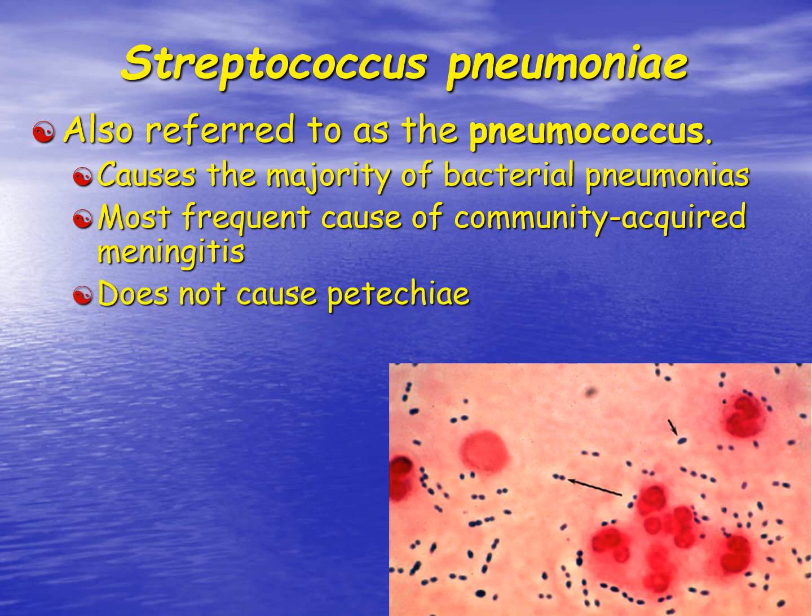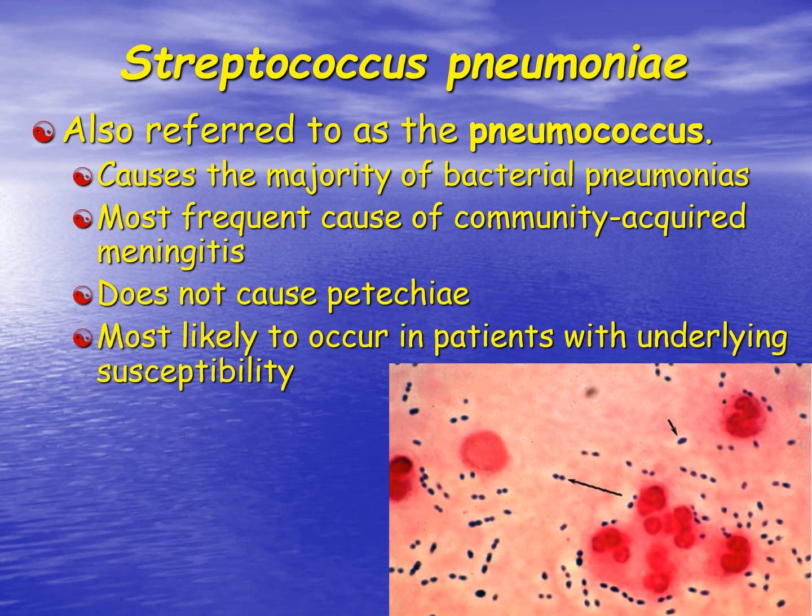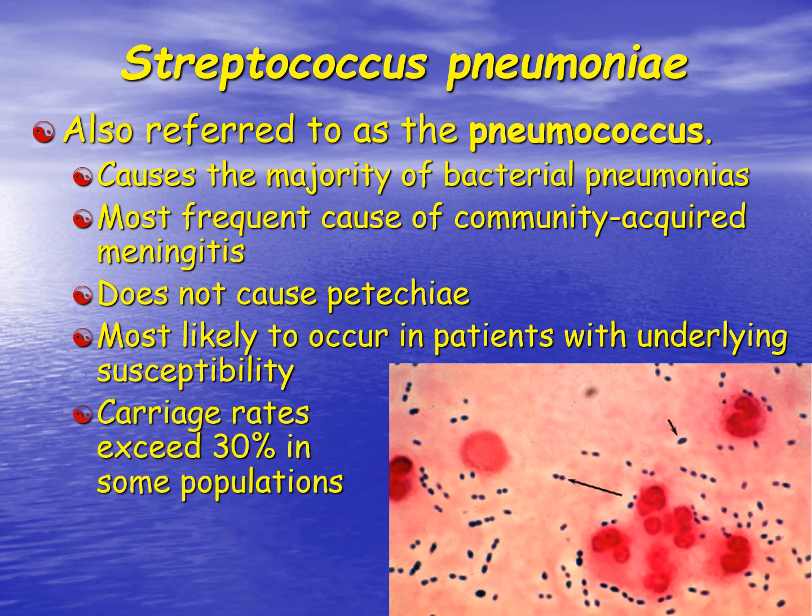It does not cause petechiae like the Neisseria do, and it's most likely to occur in patients with underlying susceptibilities, so those that are, say, immune compromised. Carriage rate actually exceeds 30% in some populations, meaning that those that are immune compromised may have almost a 3 times greater risk than those that are not.